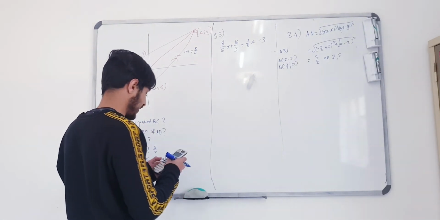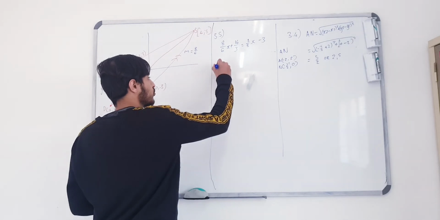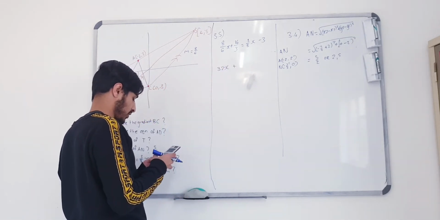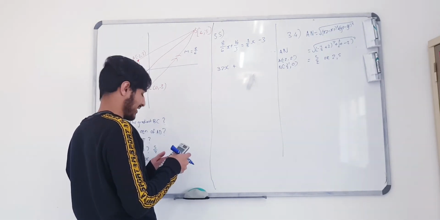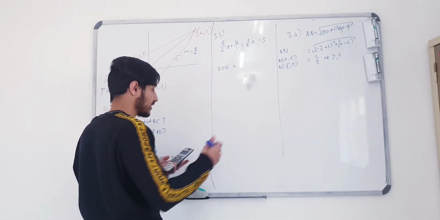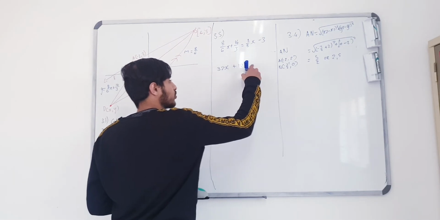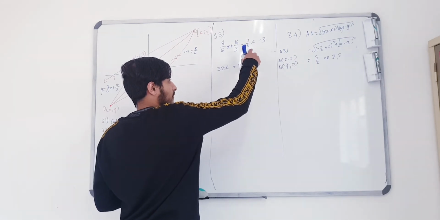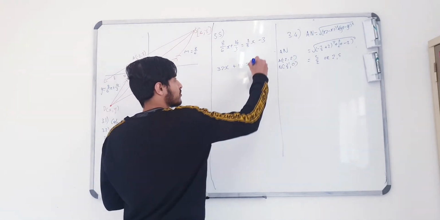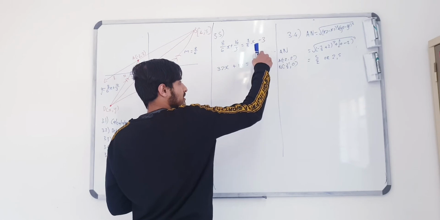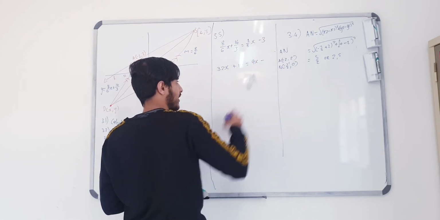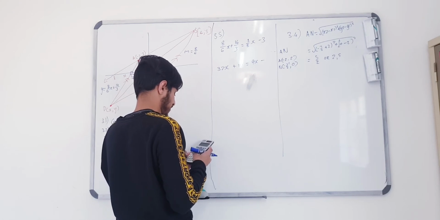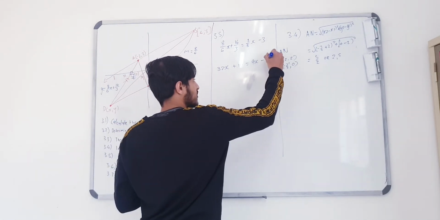So 8 times 4 will be 32x, plus, 24 divided by 3 is 8, and 8 multiplied by 14 is 112. Then, 8, 16, 24, so it's going to be 9x, and then minus 3 times 24, so 24 multiplied by 3 is negative 72.